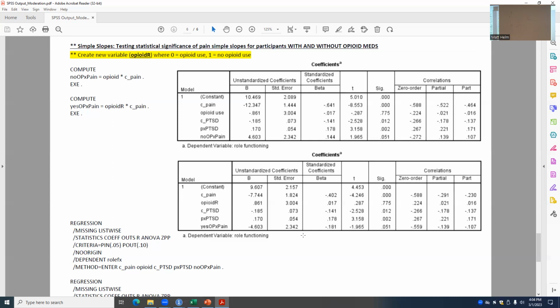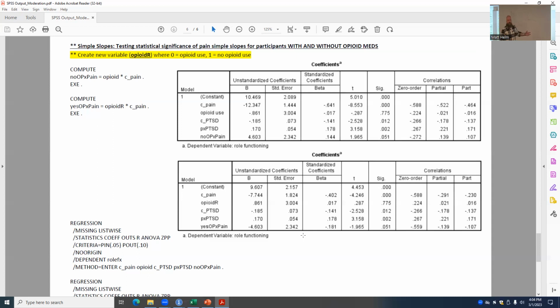People who are using opiates, right? So this is why we had to create that second variable. We need an alternative dummy code that flips that around, a variable that sets 0 equal to people who are using opiates, so that we can test the simple slope of pain on role functioning for people who are not using, or for people who are using.